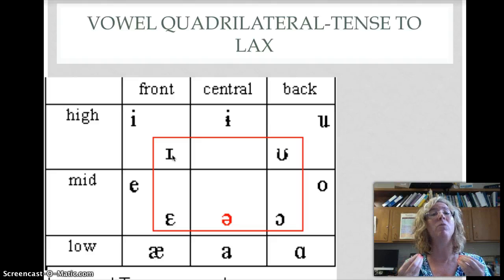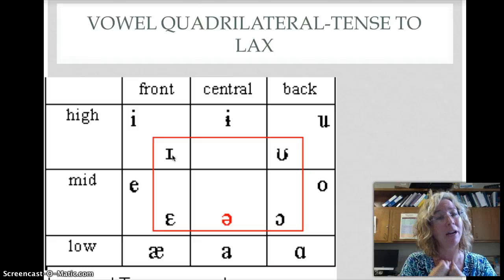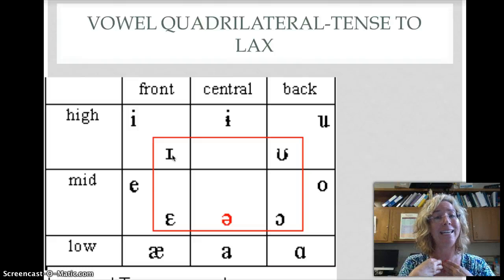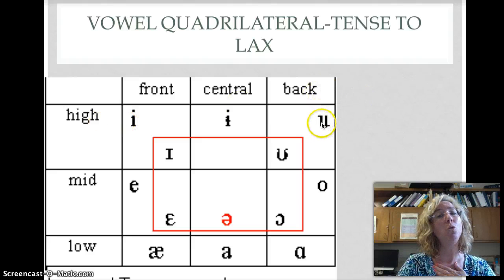My tongue is more relaxed. So just do that by yourself. E, I, E, I. You'll feel the tension difference in your tongue. Here I'm going to contrast again. Oo, which is a high back tense vowel, oo, to as in book.